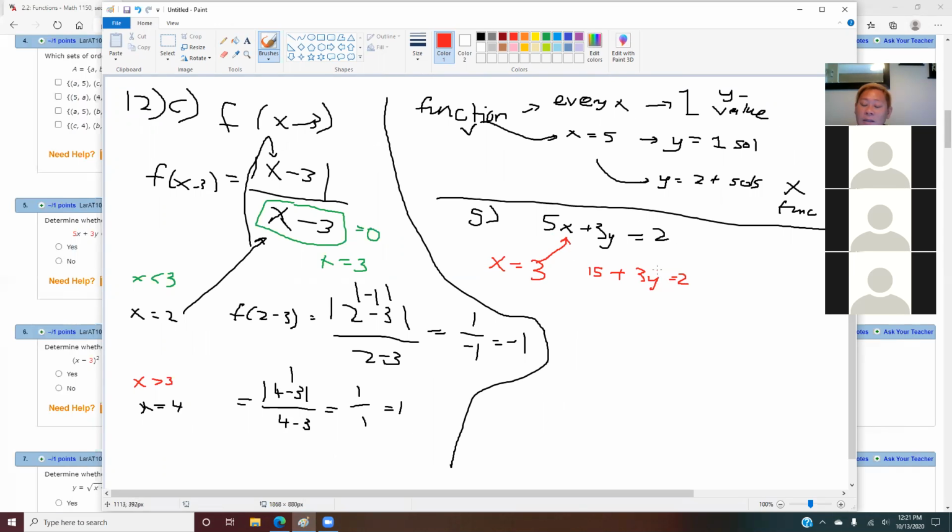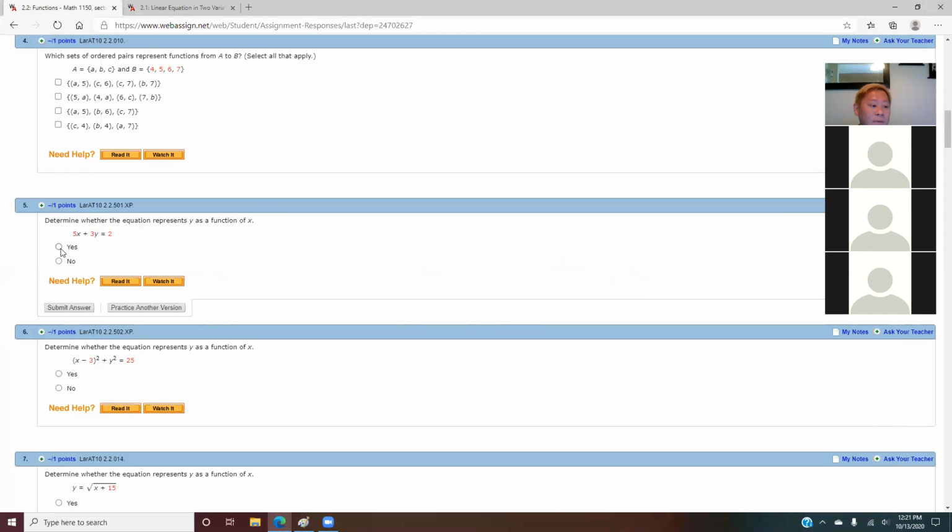When you solve this, do you have one solution or do you have 2 or more solutions when you solve for y? Just one. Yep. This one you will get one solution. I mean, you get one answer, right? So that's why this is a function.